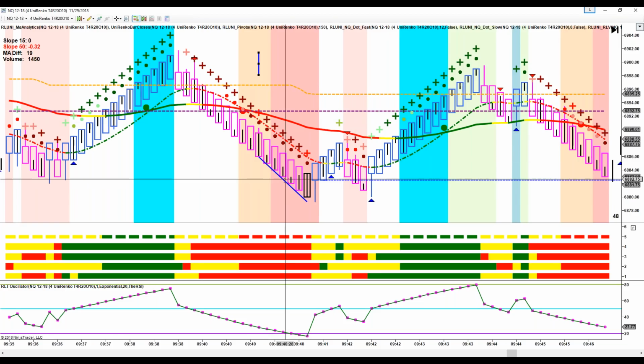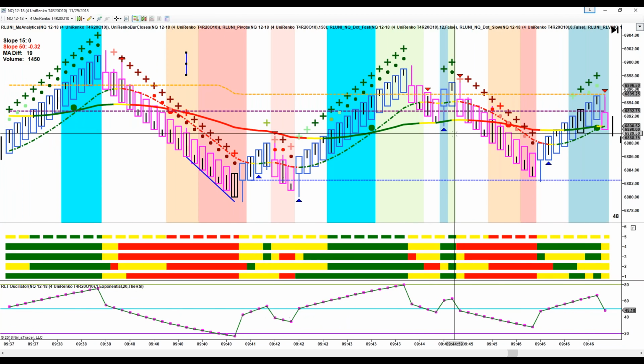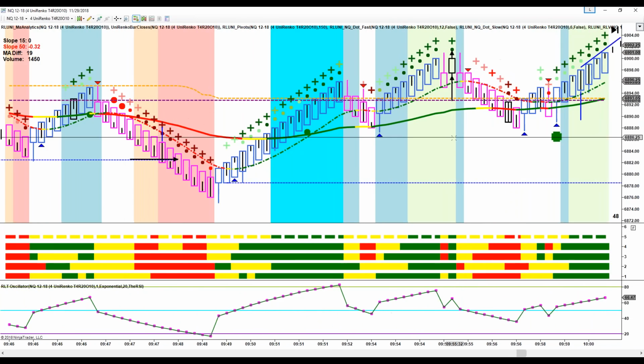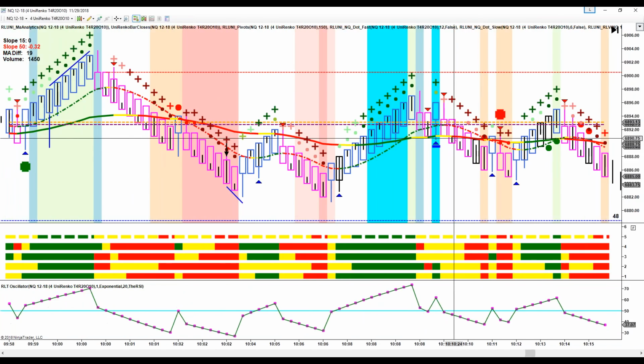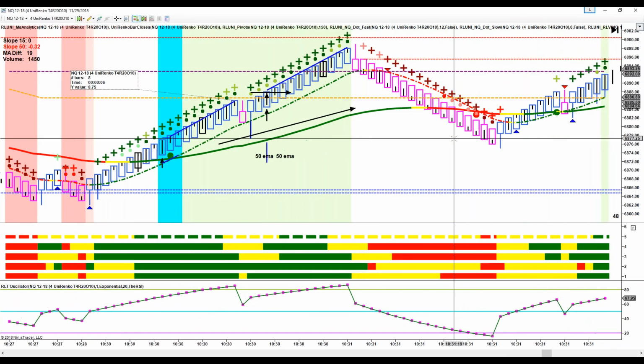For some reason, Ninja just does not allow it to hold on to this data. The indicator is still present, but it erases this data. It won't hold it. Maybe a different platform will, but this one does not.